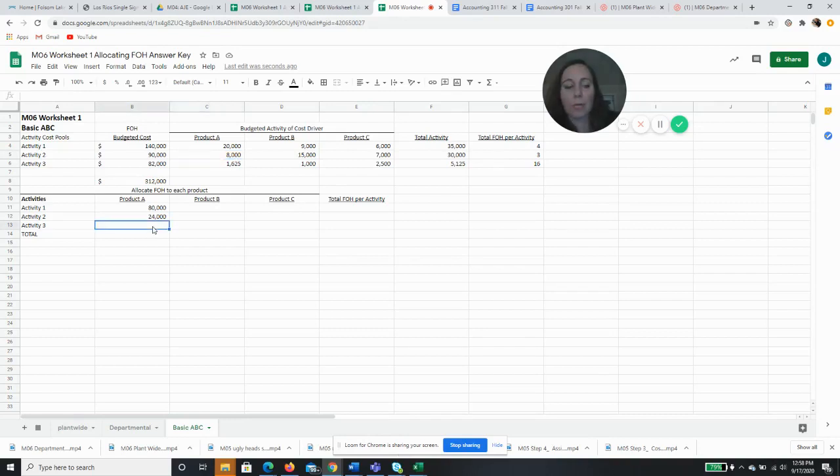For activity 3, product A uses 1,625 times a rate of $16 per use of that activity. So they're going to get allocated a total of $26,000 of factory overhead related to activity 3.